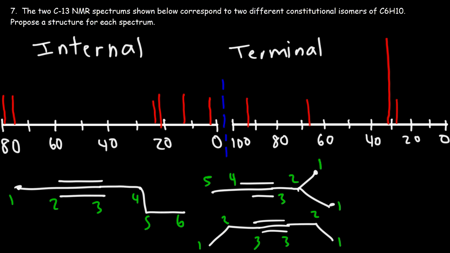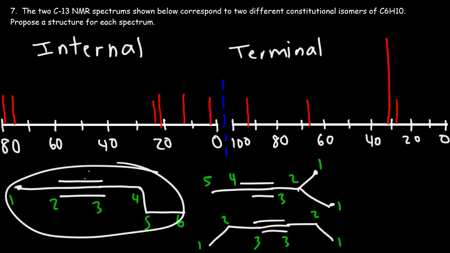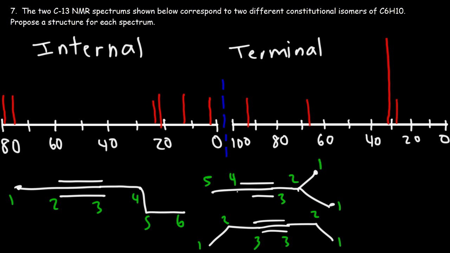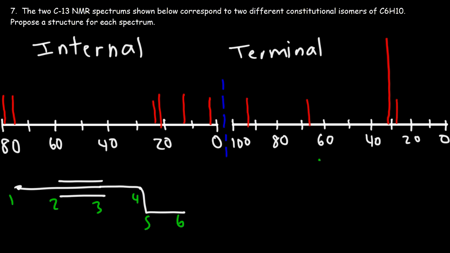Because these 2 are equivalent, we should expect a tall peak, but there is none. So right now, this is the only best possibility that we can come up with for a 6-carbon alkyne. And it turns out that this is indeed the structure for the spectrum on the left.